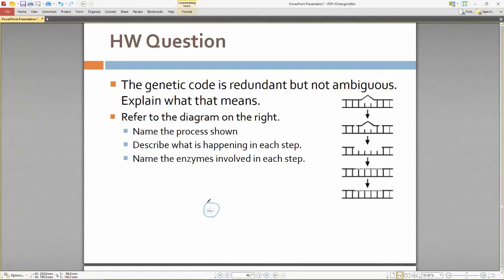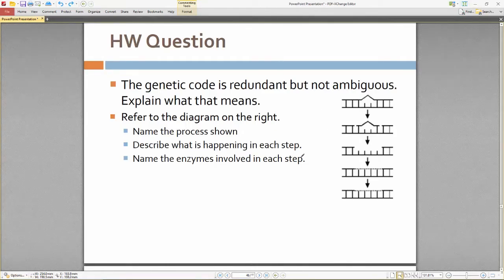It's not ambiguous. Exactly. So multiple codons can code for the same amino acid, which is redundancy, but one codon cannot code for more than one amino acid, which would be ambiguity.